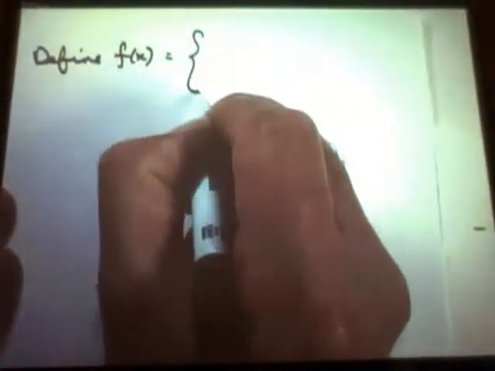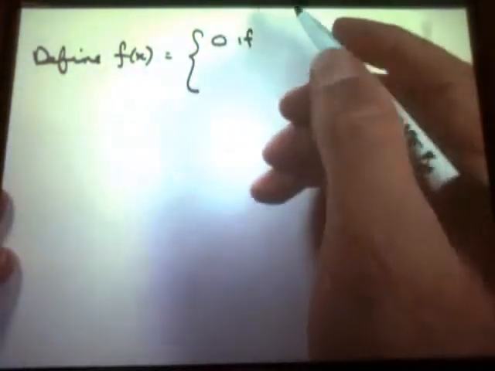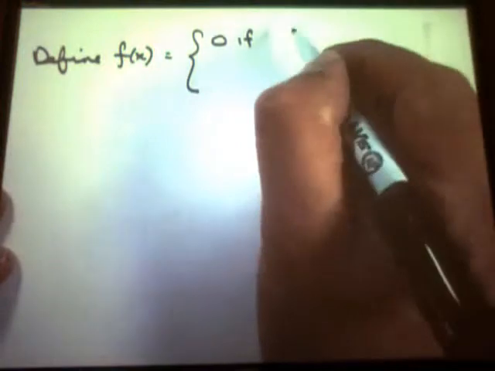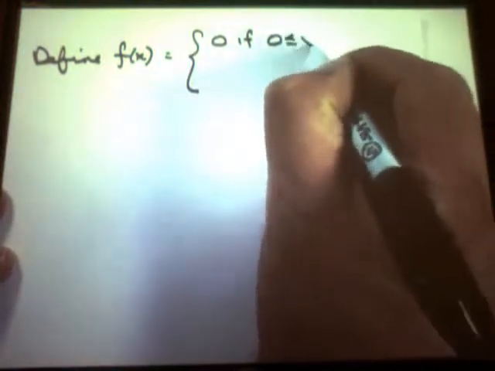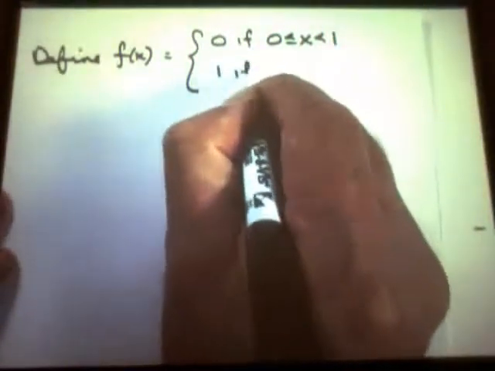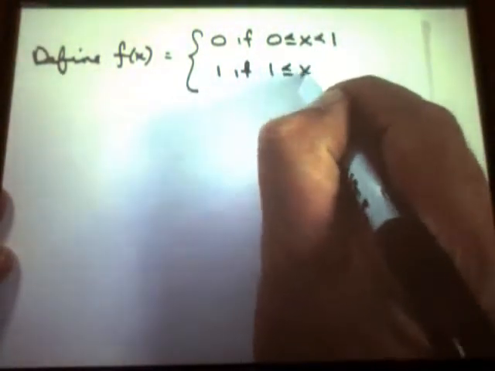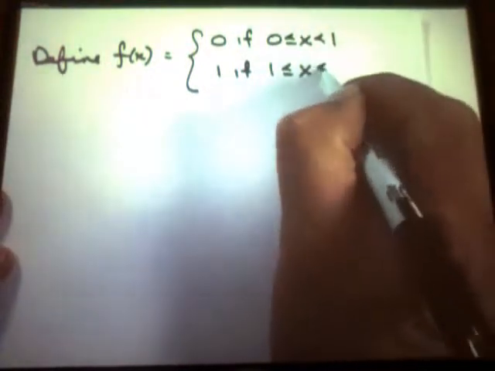I'm going to define f of x to be the following. It's 0 if x is between 0 and 1, 0 included, 1 excluded. And it's 1 if x is between 1 and 2, both included.